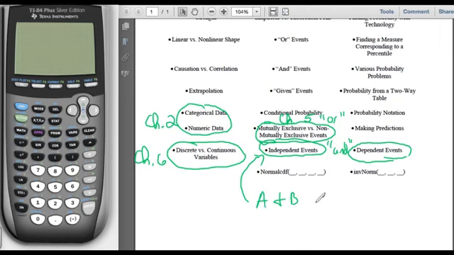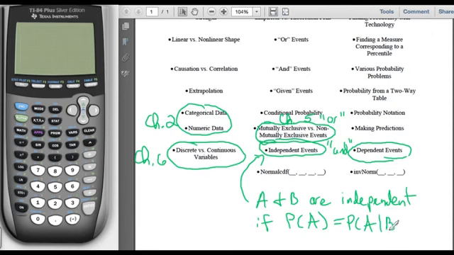You need to know that two events, A and B, are independent if the probability of A equals the probability of A given B. This is from chapter 5, and you can see a video with several examples testing this formula, and you'll see an example in this study guide in one of the upcoming videos.